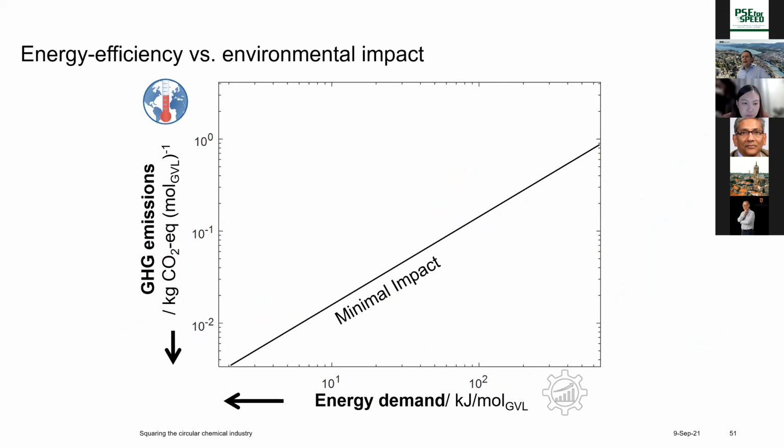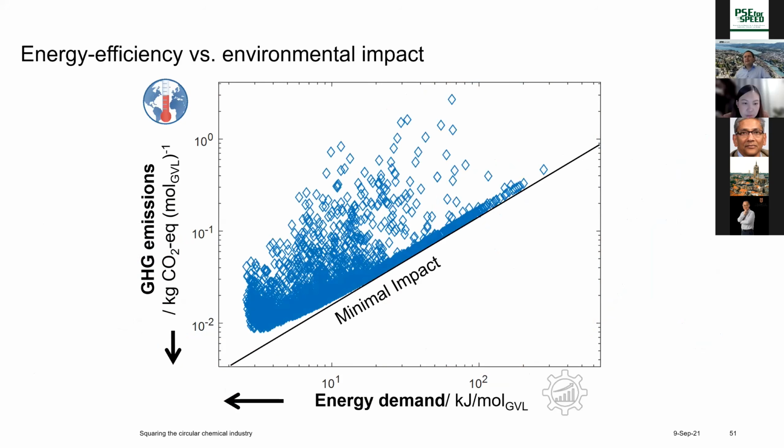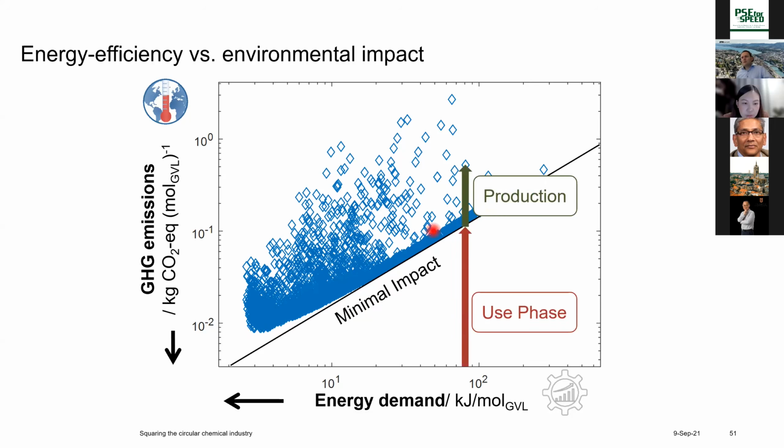Okay. But if I look again at the optimal process with the optimal solvent design, these are the results that you get. And you see, obviously, we can get close to the minimal impact of the energy demand, but then ultimately it differs. In particular, I want to point out that this is a logarithmic scale, so you can have a solvent that has the same energy demand, but still the global warming impacts differ by more than an order of magnitude.